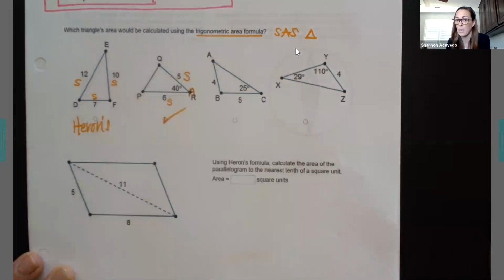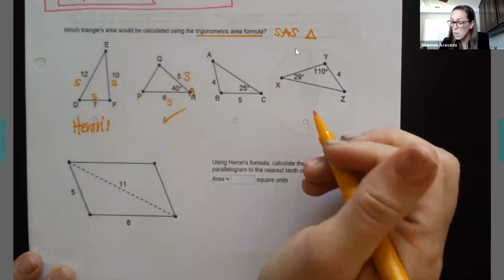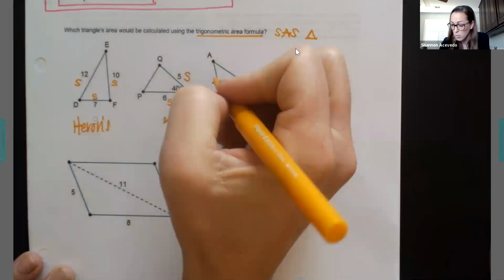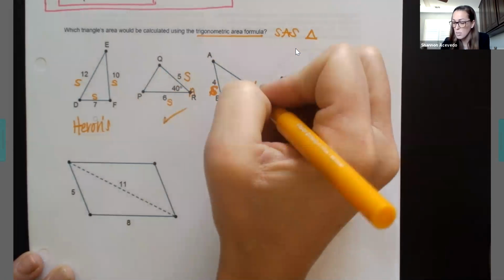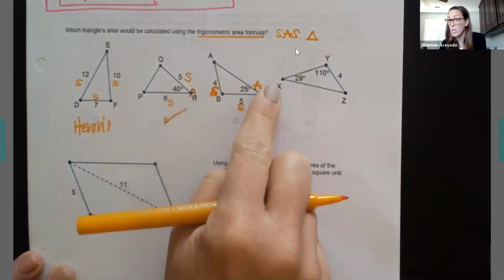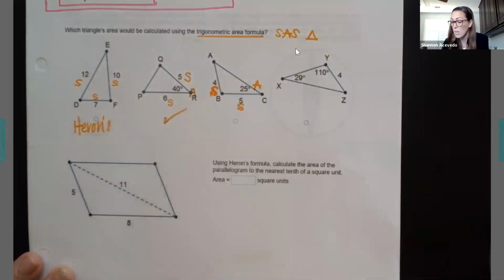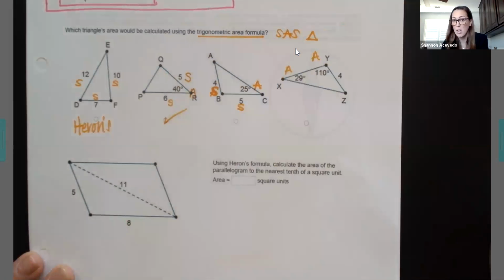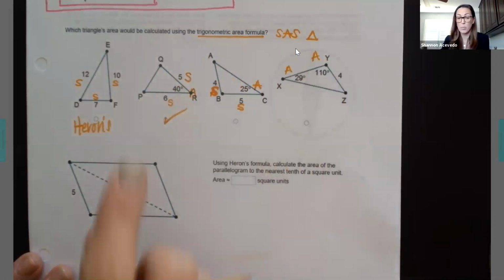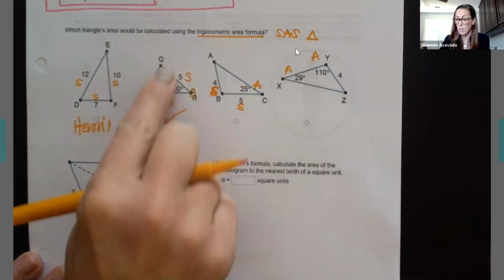This one over here would be a side, side, angle. So it's an SSA. We don't have anything to do with area for that one. And this one was only given an angle and an angle, so we don't have enough information to use either area formula for that one either. So this one would be trigonometric. This one would be Heron's.